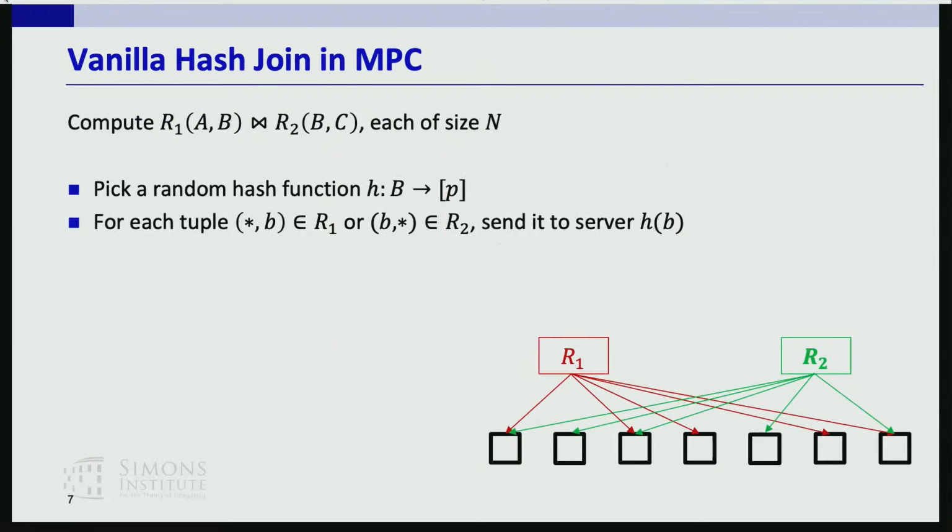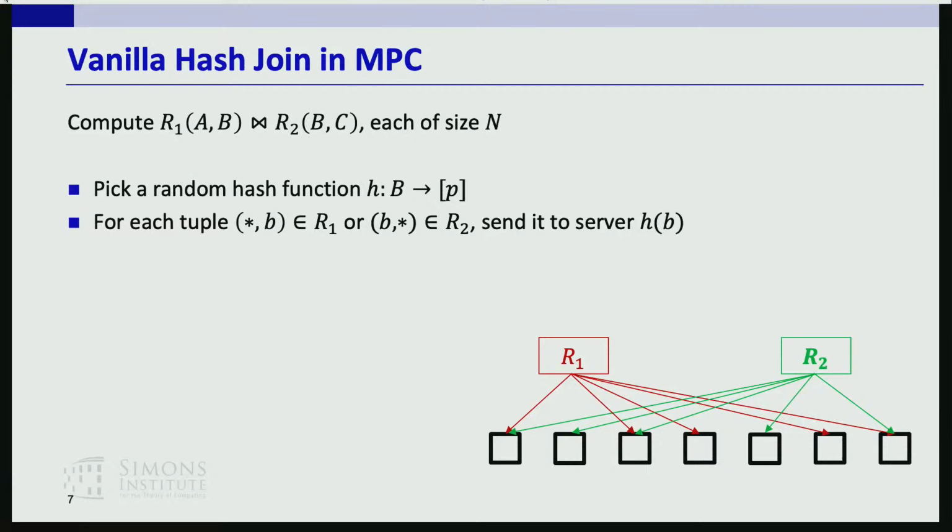Next, I will show some challenges in designing an MPC join algorithm. Suppose we want to compute the basic two-table join, R1(A,B) join R2(B,C). We can simply pick a random hash function which maps the join value to a server ID. Then all the tuples will be sent to the server whose ID matches the hash value.